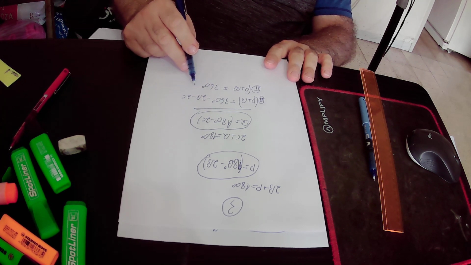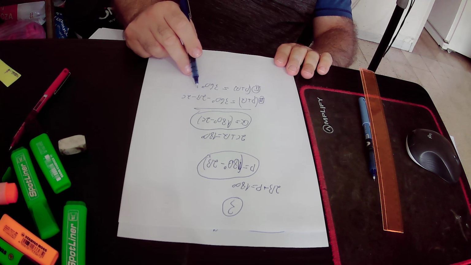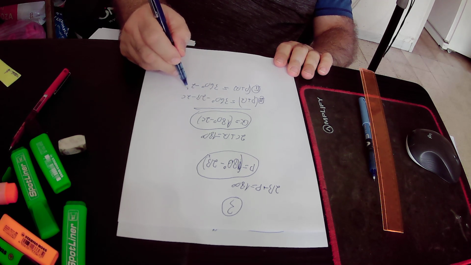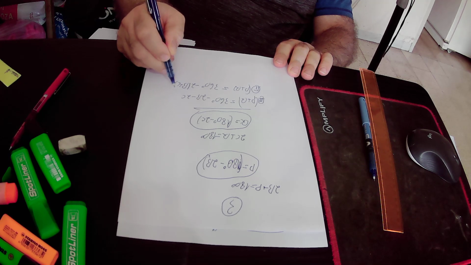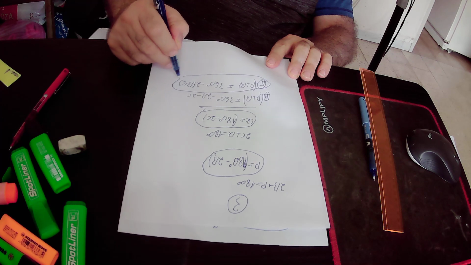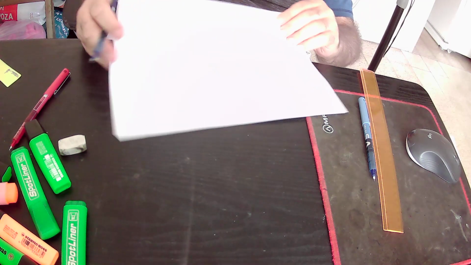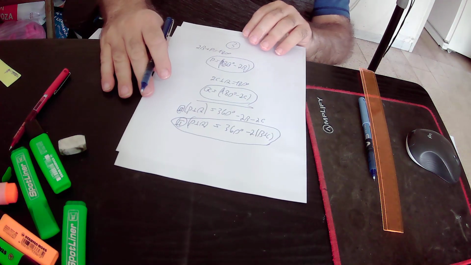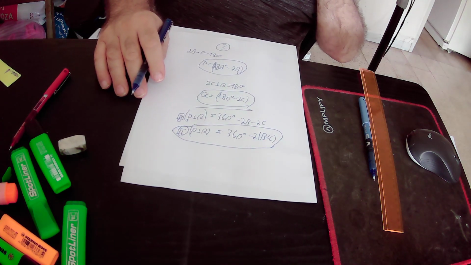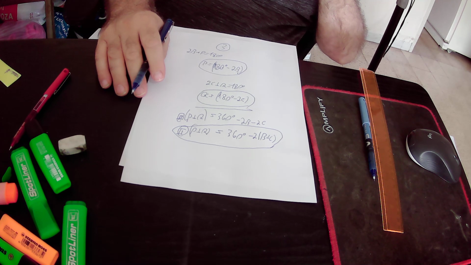Here we will take a common factor of minus 2 from this expression, and inside the brackets we have B plus C. So in total we got equation number 2 that states that P plus Q equals 360 degrees minus 2 times B plus C.